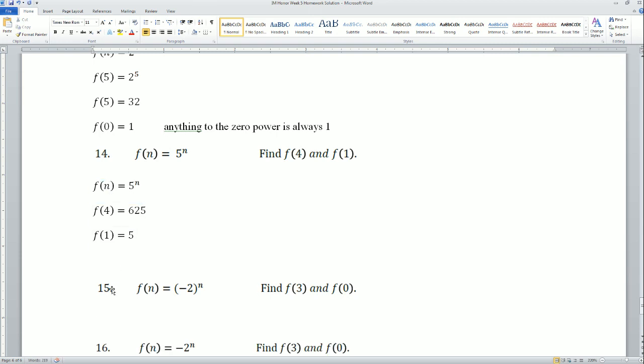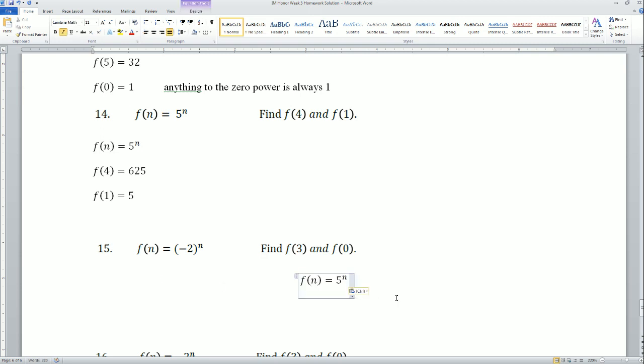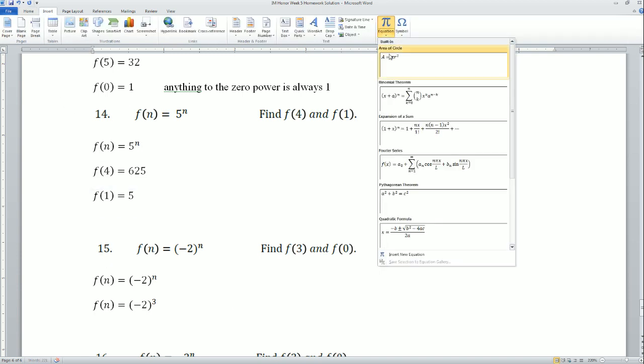Next. They're asking us to do -2 to the nth power, right? So we're looking here at 3 for n. If you would like to see what this means, hold on, let me grab the equation for you.